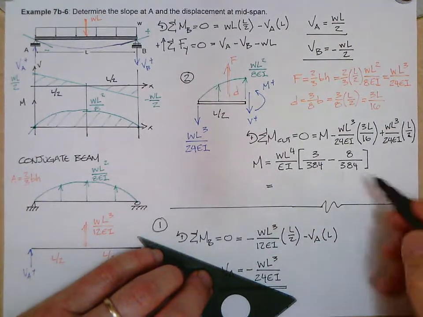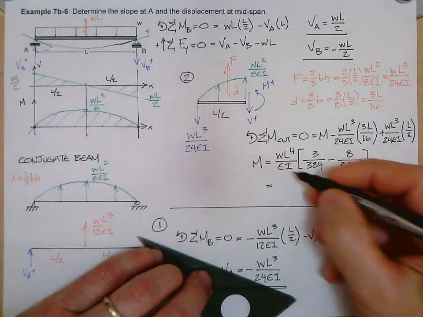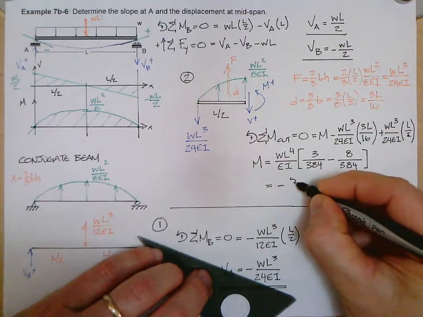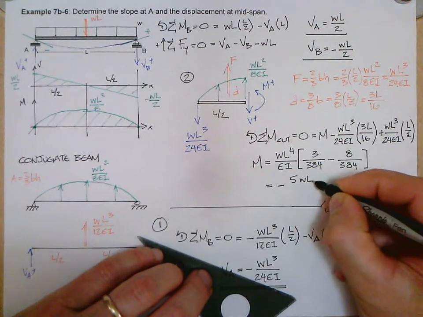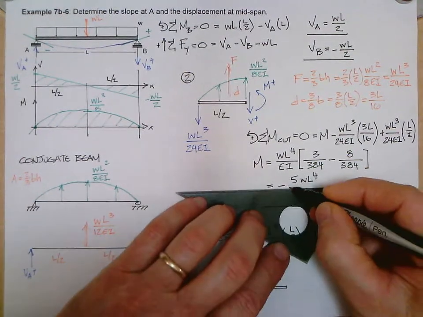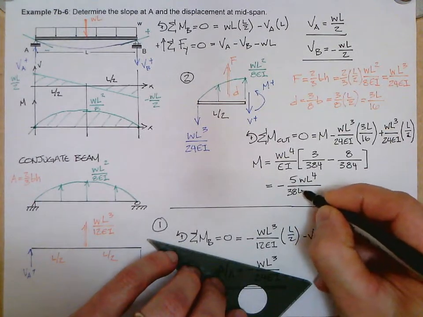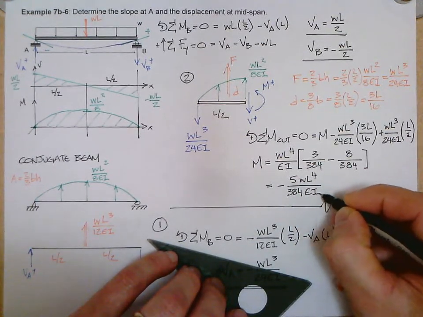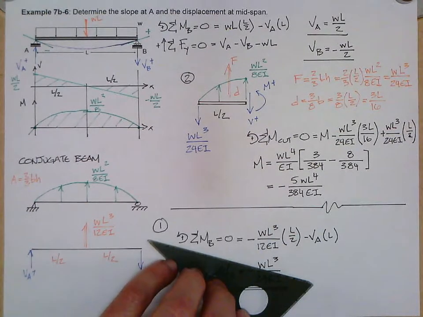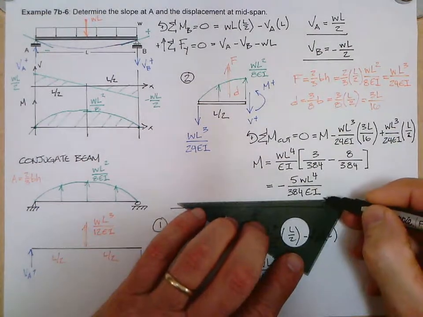Now the calculus is pretty simple. 3 minus 8 is minus 5. So I get minus 5 WL to the 4th over 384EI. Okay. I remember this value.